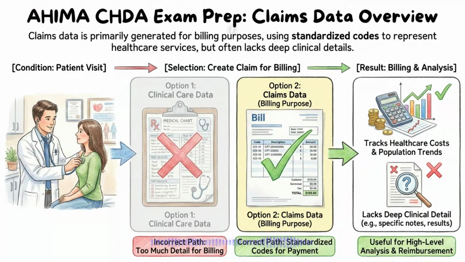Claims data includes standardized codes that represent specific diseases, treatments, and medical supplies used during the patient's visit. While claims data is incredibly useful for tracking healthcare costs and large population trends, it sometimes lacks the deep clinical details found in the actual medical record.